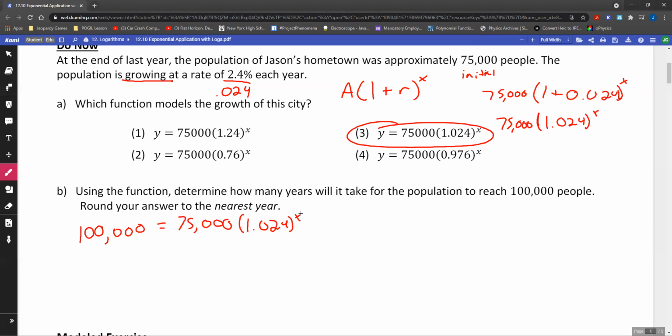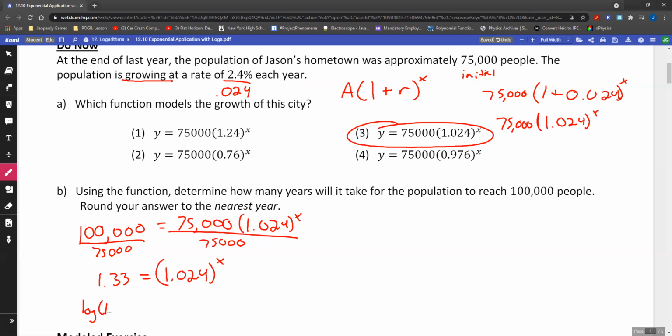Now remember, to solve for x, when it's in the exponent, we're going to have to isolate the term. So I have to get rid of this 75,000 from both sides. I plug it into the calculator. Do 100,000 divided by 75,000. And you get 1.33 repeating. In order to get rid of that x, I'm going to take the log of both sides.